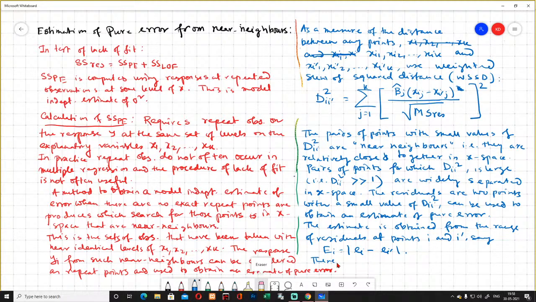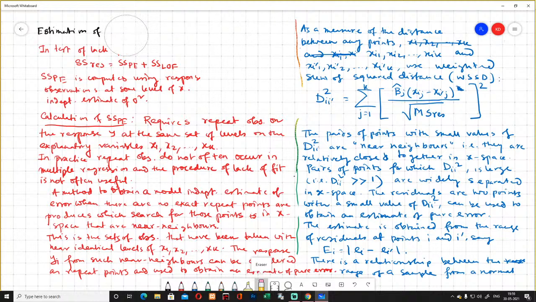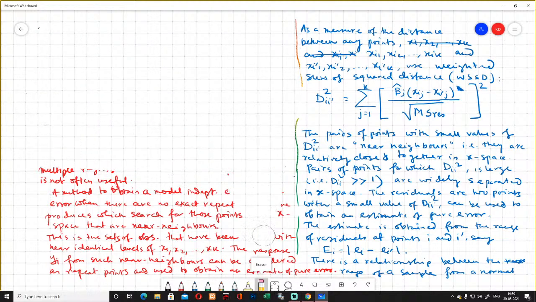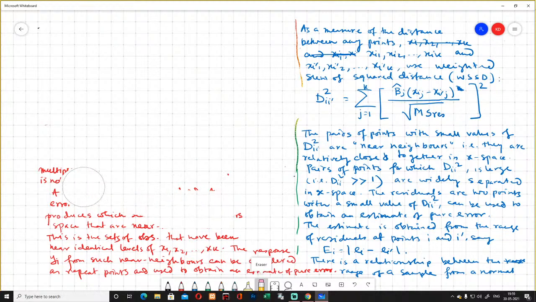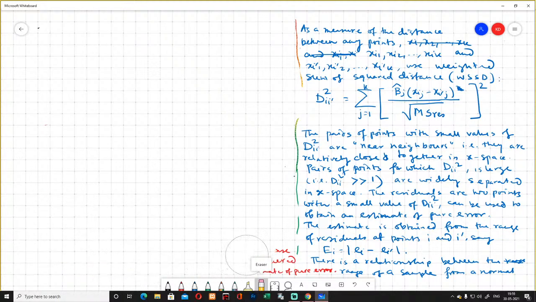There is a relationship between the range of a sample from a normal population and the population standard deviation.